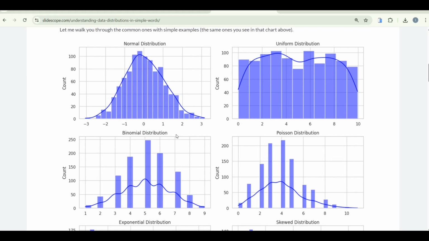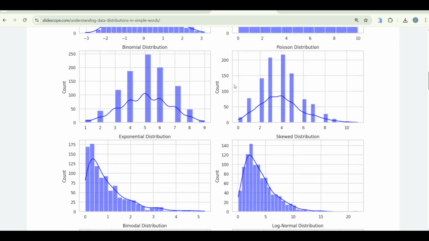Like for example, here the range is 0 to 10 and here is the count of something. So how many people have scored 0 to 1, you can count them, that 80 or 90 people have scored 0 to 1, 1 to 2 is scored by some 84 people. So that's how you will read this data.